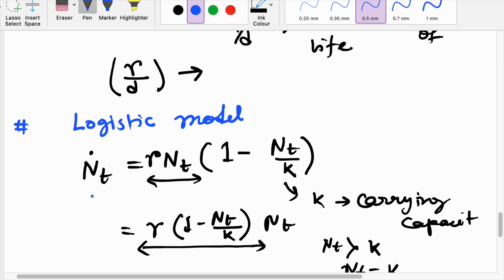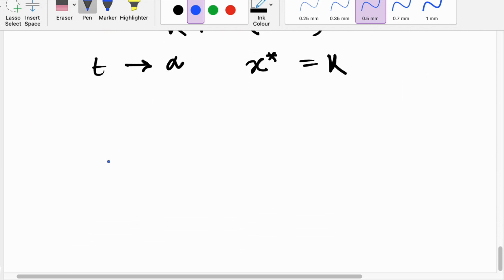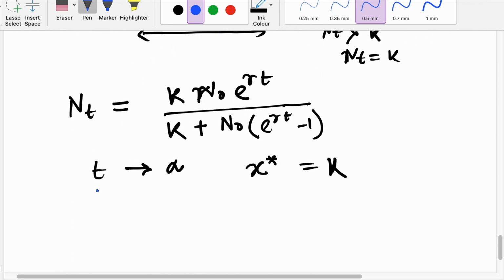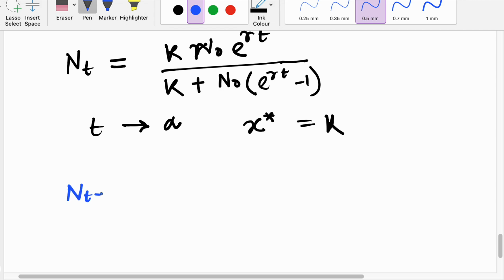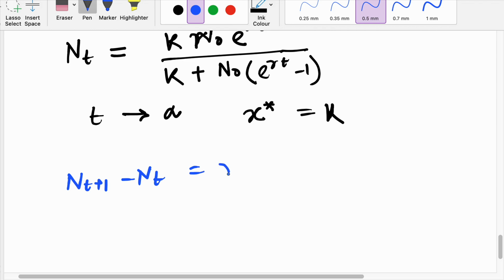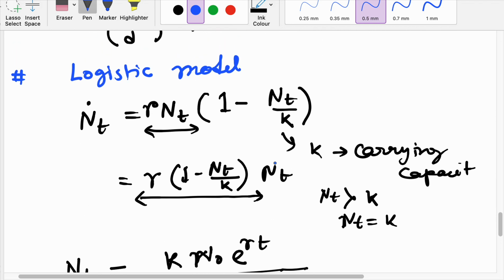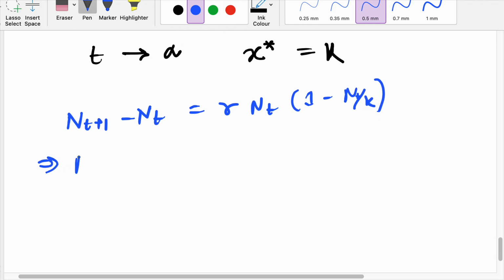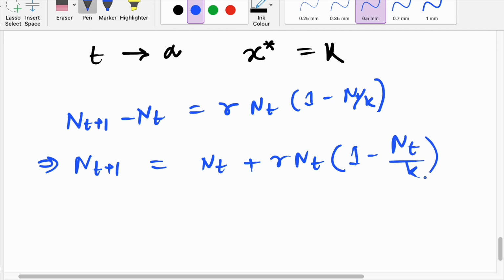If I discretize this equation, so if I write the discretized version of it, that will be N(t+1) - N(t) = r N(t) (1 - N(t)/K). So N(t+1) = N(t) + r N(t) (1 - N(t)/K).